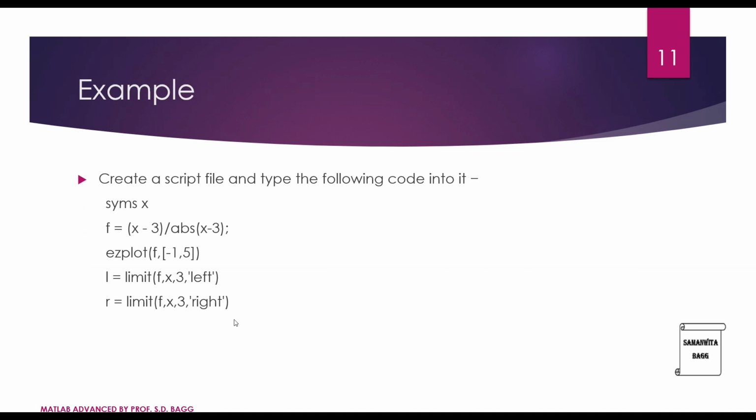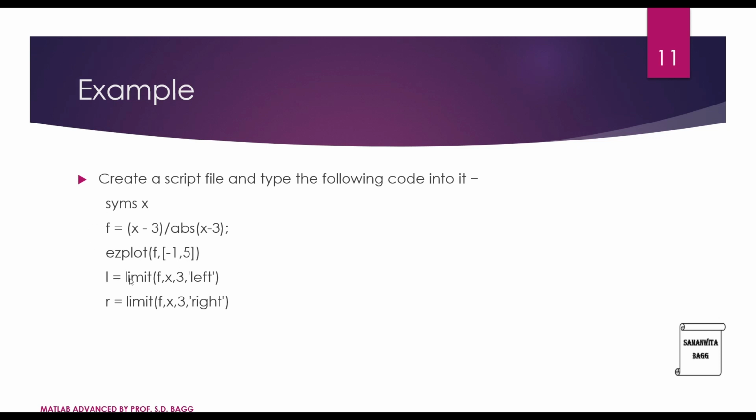Let's take an example. We'll first define the variable x. The function is x minus 3 upon absolute of x minus 3, because it was in mod sign. ezplot is used to plot the graph. f is the function and you're plotting from minus 5 to 5, that is the range given.